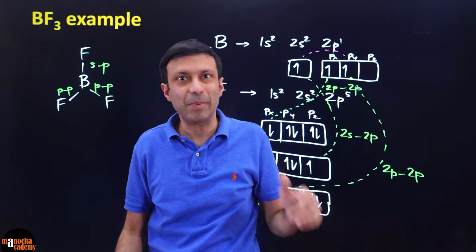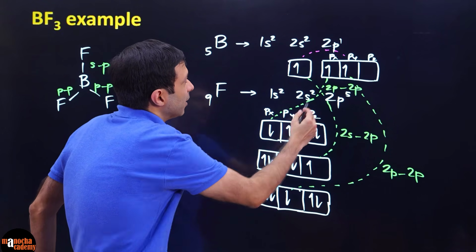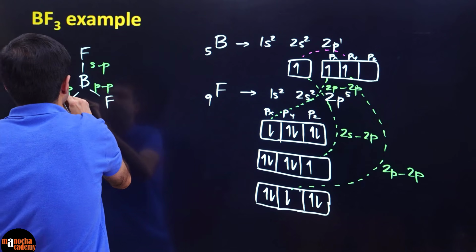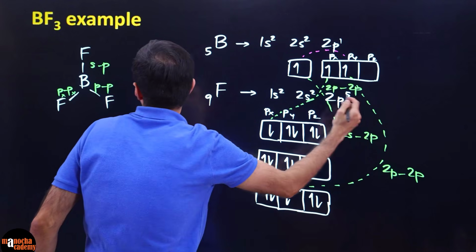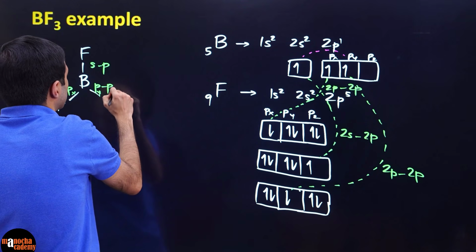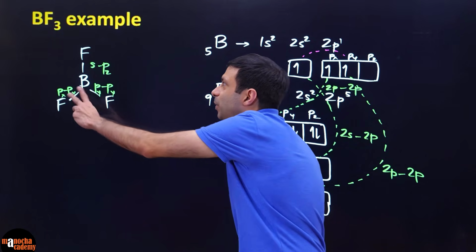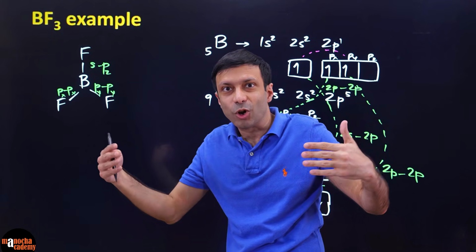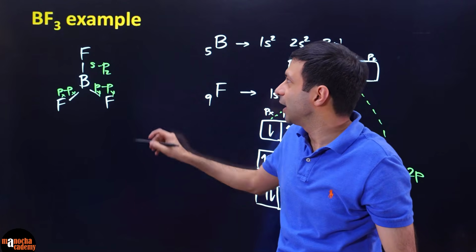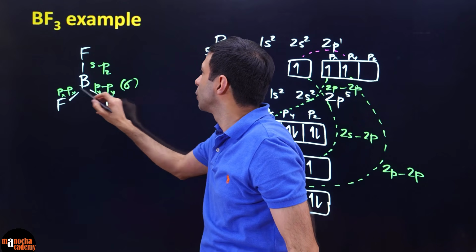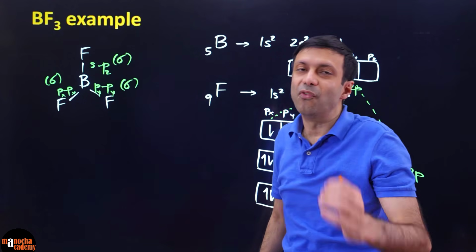Because they are along the same axis, right? So here you can see what was overlapping. Here you had a px, let's say, and this was a py, right? And this one is an spz. So you can see that px, py, these are along the same axis. So these are clearly forming sigma bonds. So do you guys agree with me that all the bonds formed here will be sigma, and this is explained by the valence bond theory.